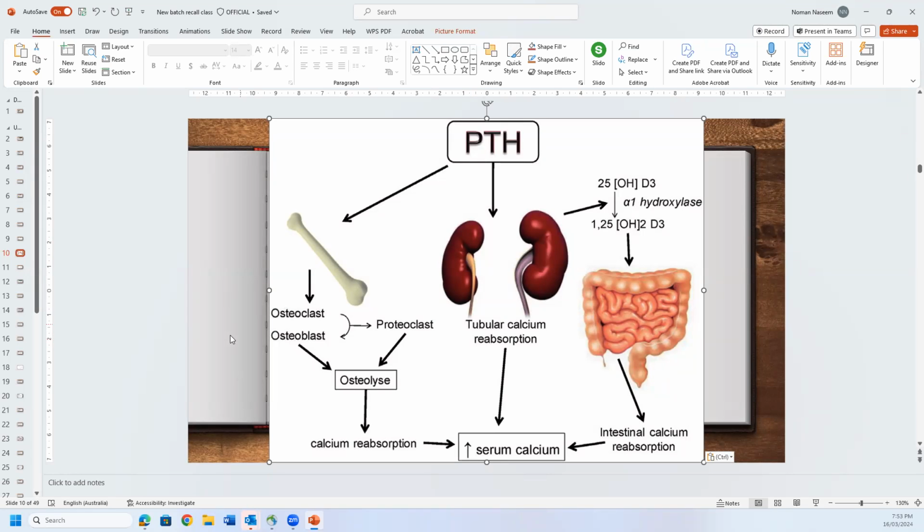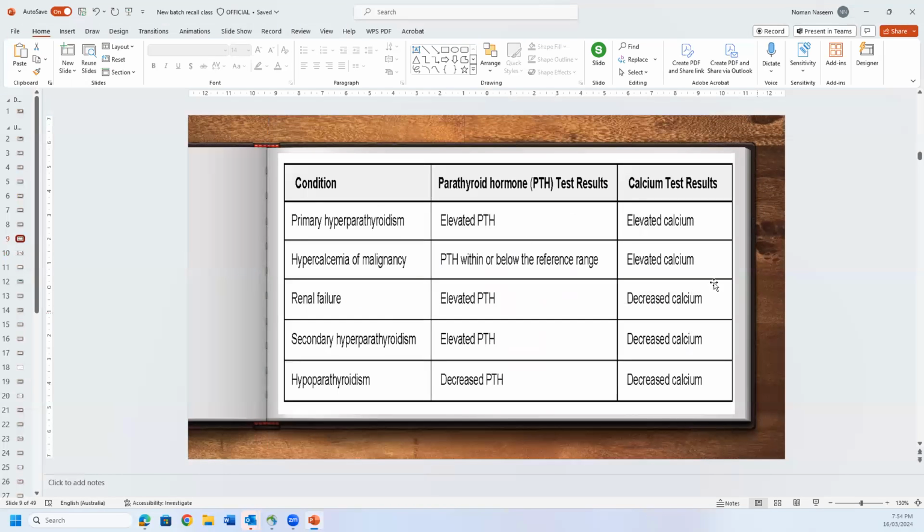So if a patient is having renal failure, what will happen is that the parathyroid hormone will not be able to act on the kidneys, which can cause the parathyroid hormone to be elevated. And as the kidneys are not able to absorb the calcium, calcium will be more in the urine, so the level of calcium will be decreased in the serum.